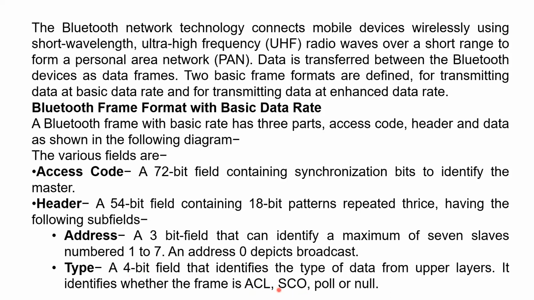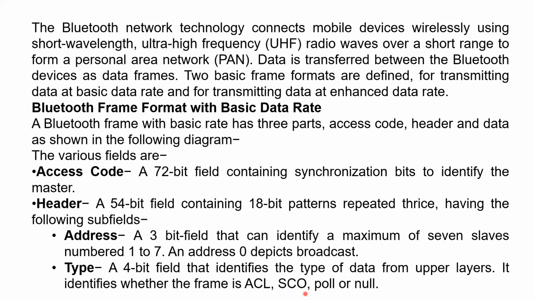SCO is a synchronous connection oriented communication. Here, the connection between two devices is established first, and then the data packets are transmitted or exchanged between the devices. So this is a second type which need to be identified, and third, no operation, that is poll or null.